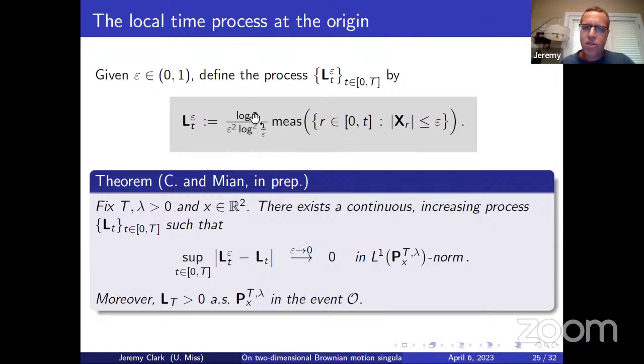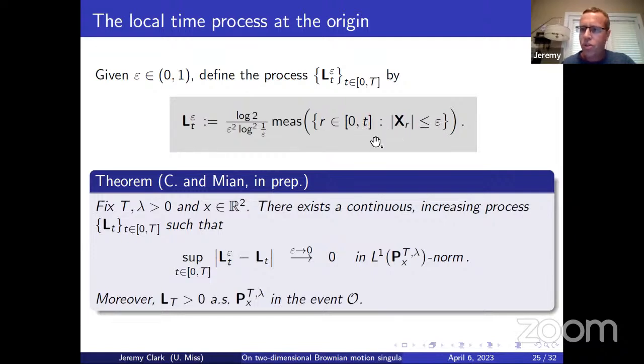It has this sort of complicated factor here, more complicated than before. It is basically 1 over epsilon squared and then log squared, so we have a log in there. And then this is the amount of time that this process spends within a distance epsilon from the origin.